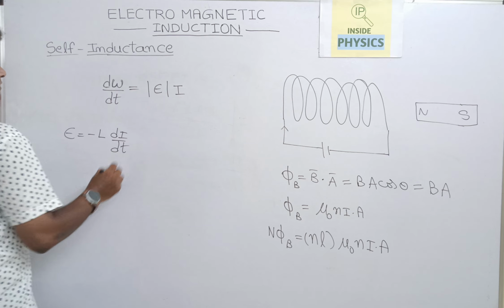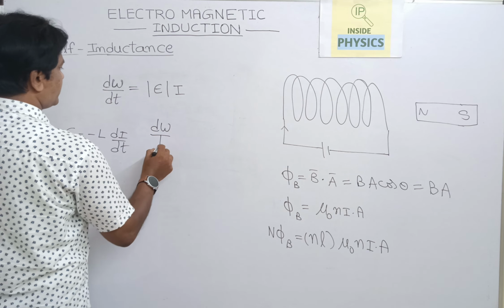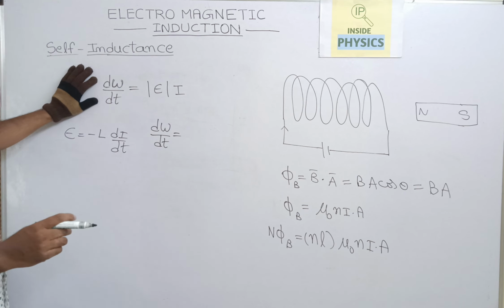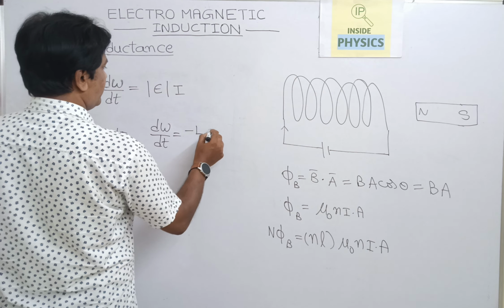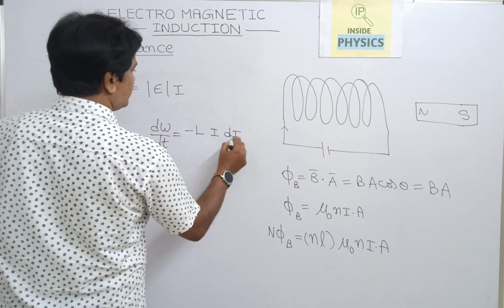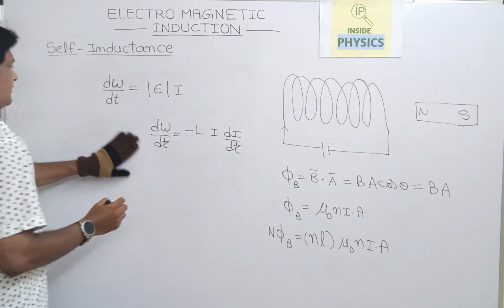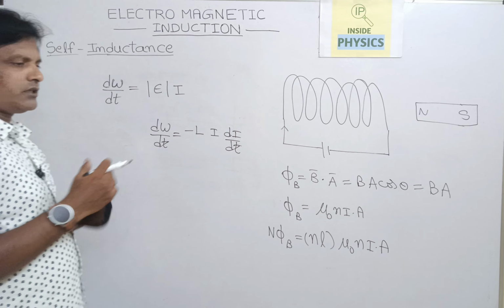So the rate of work done, nothing but power, is minus L I di by dt. So dt will be cancelled.